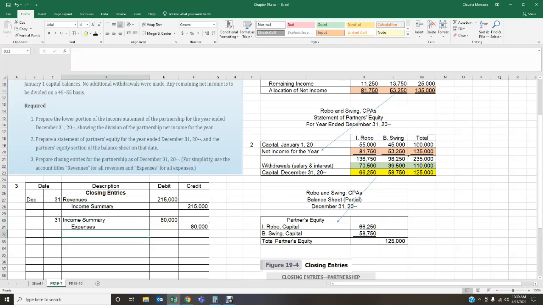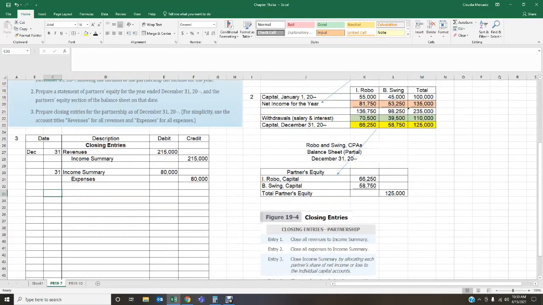That way we can zero them out. So you always have to think, what is the normal balance of an expense? The normal balance of an expense is a debit. If I want to close it, then I need to do the opposite, which is a credit. The normal balance of a revenue account is a credit. If I want to close it, then I need to debit it. So you need to know the normal balances of your accounts. So that is step number 2.